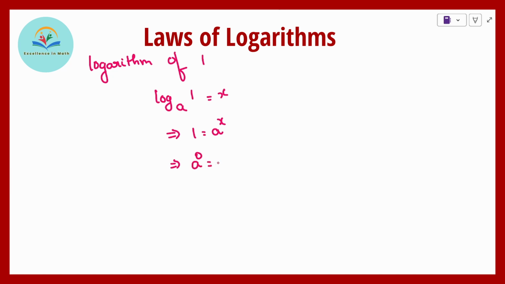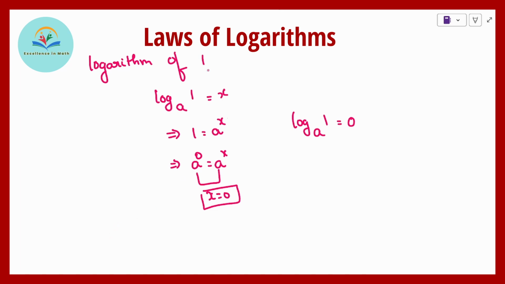So I am writing a power 0 as 1. Whenever two exponentials are equal, in case their bases are equal, we can equate the powers. So what did we get? Log 1 base a is always 0. Hope you are clear with it.